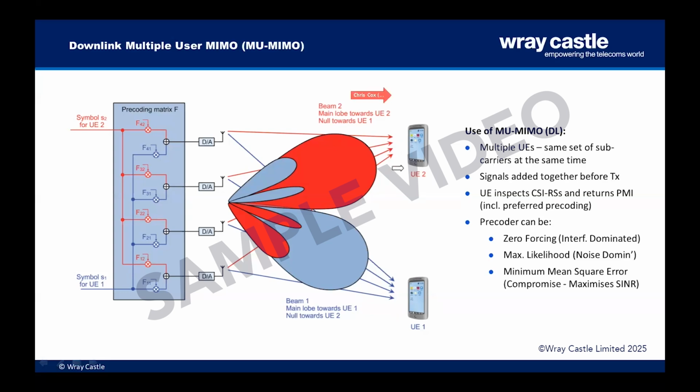Likewise, at mobile 2, all the information directed towards mobile 1 cancels itself out, and mobile 2 only sees the information directed to mobile 2. And by doing that, we have successfully sent and received 2 pieces of information at the same time, and we have thereby doubled the capacity of the system. And that is the basics of multiple user MIMO.